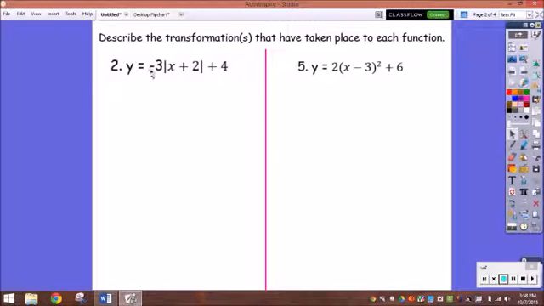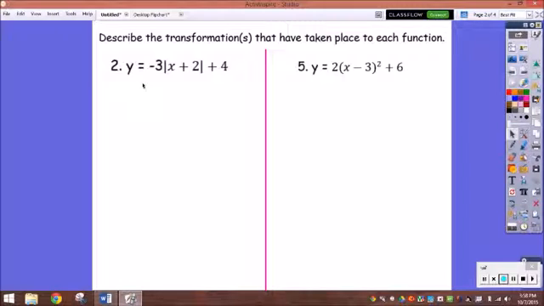And so let's start left to right. We have a -3 times the absolute value. So when you have multiplication, you have a dilation. And anytime the number that's being multiplied is negative, that does not affect the dilation, but it is a reflection. And so when we are looking at reflections, we're determining if it's over the x-axis or the y-axis.